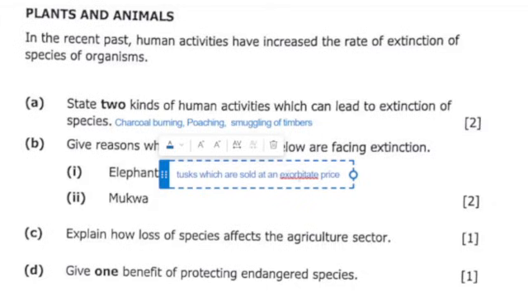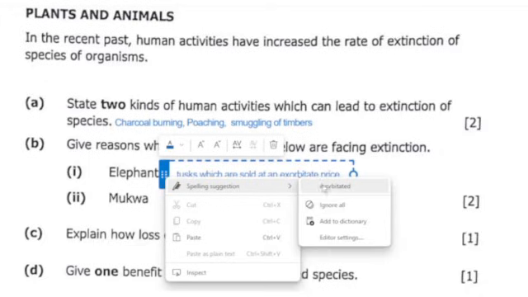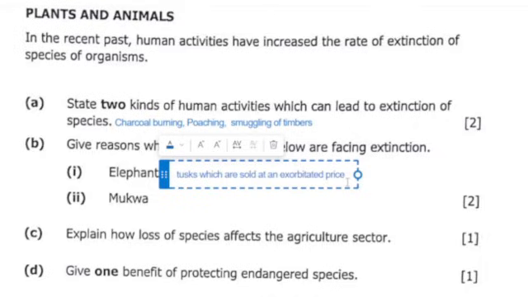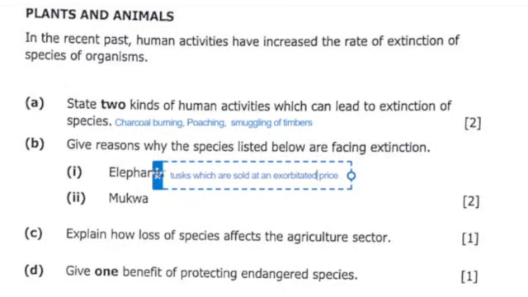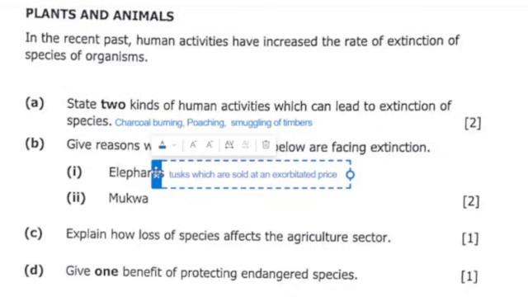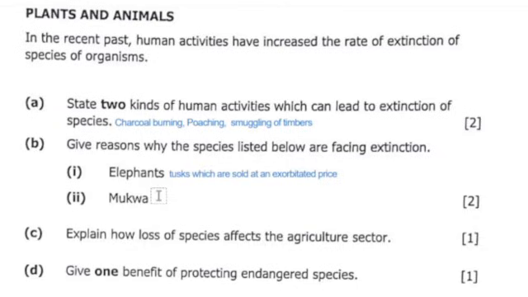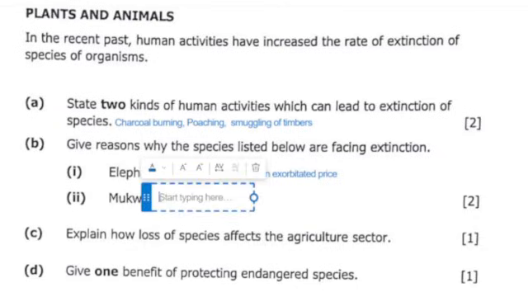Okay, so when the elephant is killed, the poacher will remove the tusks. Then the tusks are sold at a higher price. They are very expensive, in fact. So that's why elephants are killed. It's just to get the tusks from the elephants.